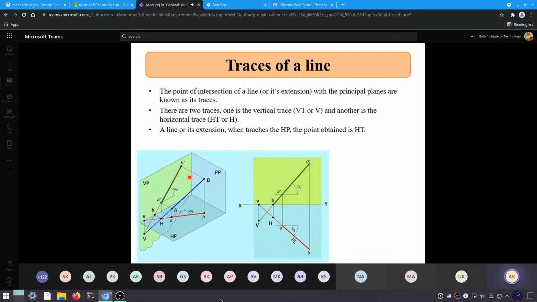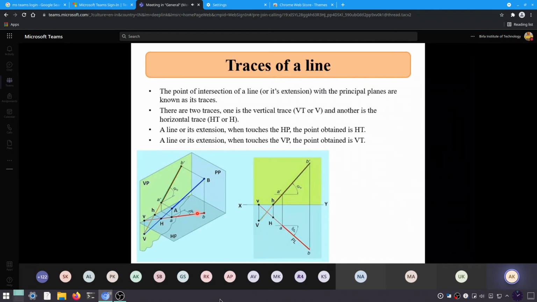And the second thing we came to know is that small h can be found out by extending your front view, and small v can be found out by extending your top view, right? Is it right? Okay, fine. So this information is clear to all of us.